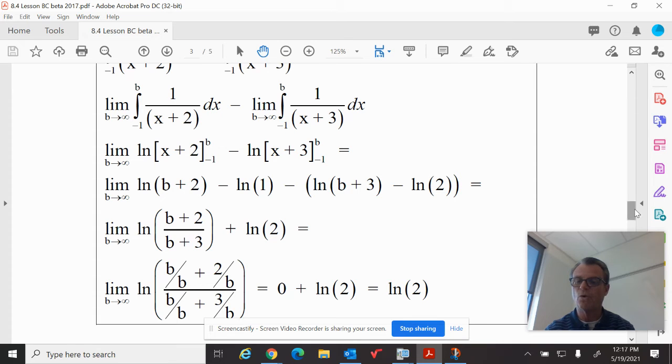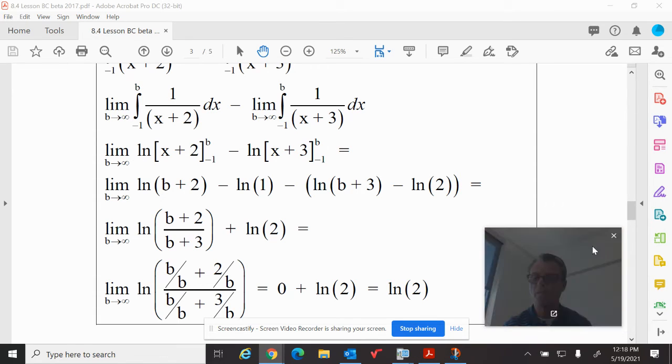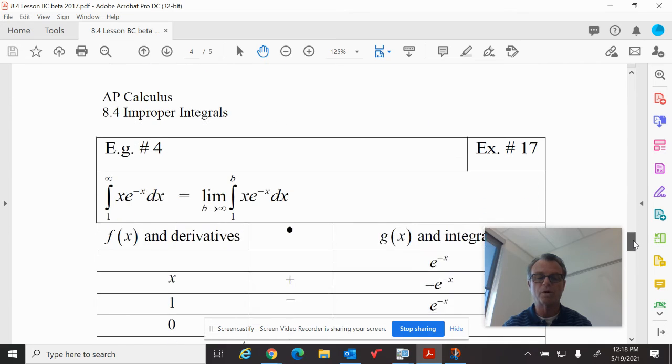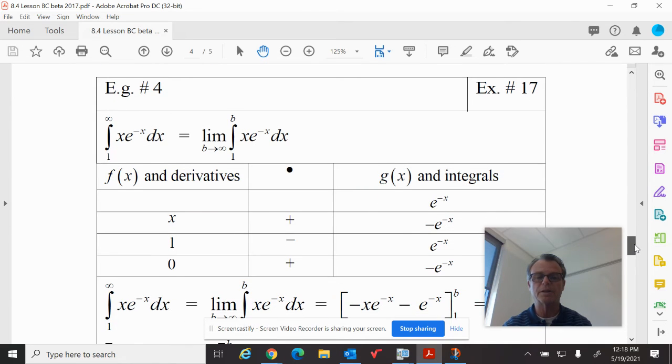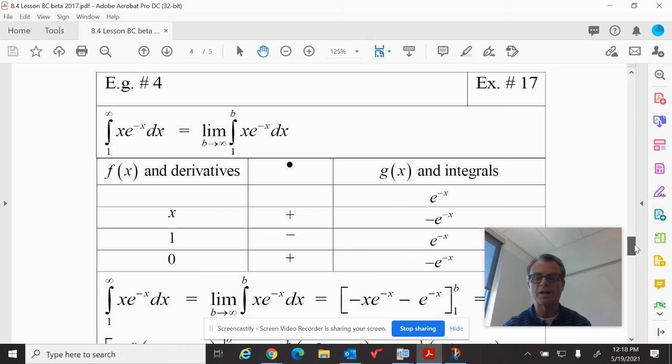So for example 4, example 4 is a combination of improper integration and parts. So here's the question. I rewrite this as the limit as b goes to infinity, and I replace this infinity with the b. Now I have x times e to the negative x, which you just do by parts.